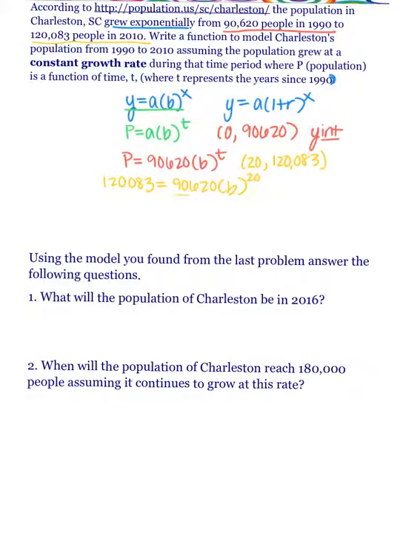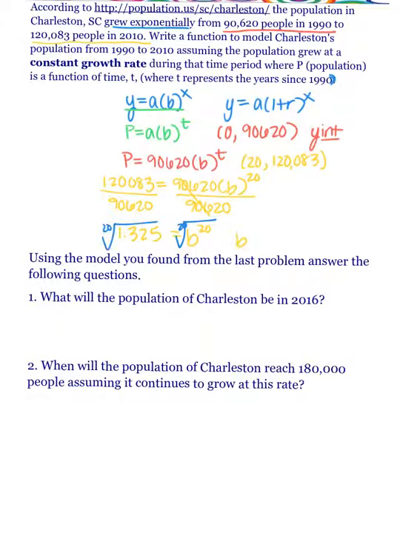To solve for b, I have to divide first. On the right side, I'm left with b raised to the 20th power, and that's going to be equal to 1.325. Now to get rid of that b to the 20th, I need to take the 20th root.